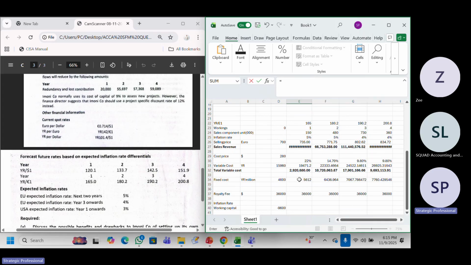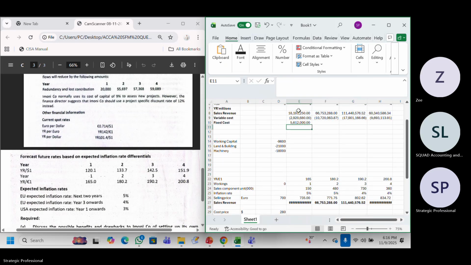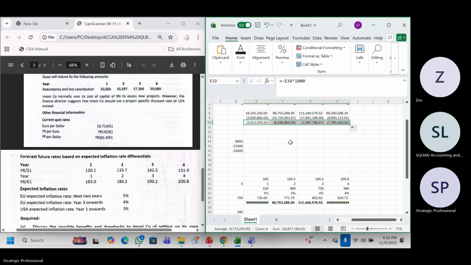It's not a variable cost, so you are not multiplying it by the units. You're just bringing it straight. That's that for that. What next?